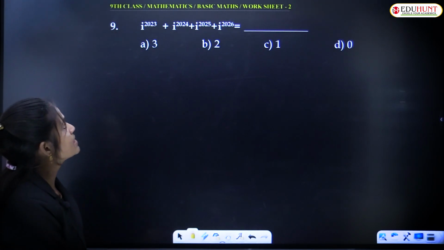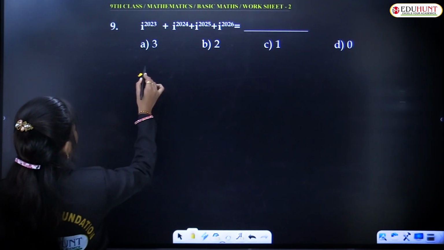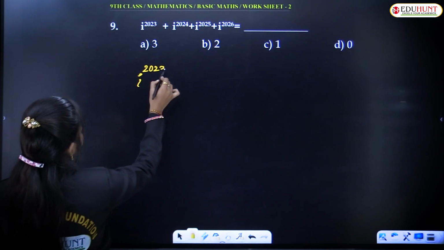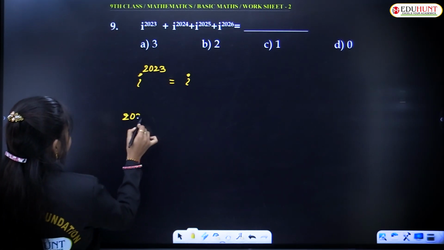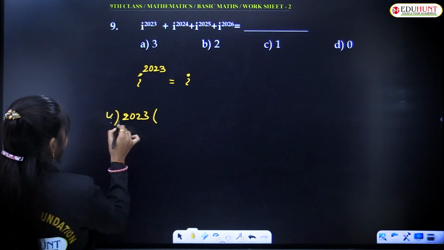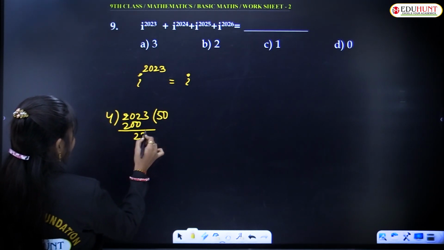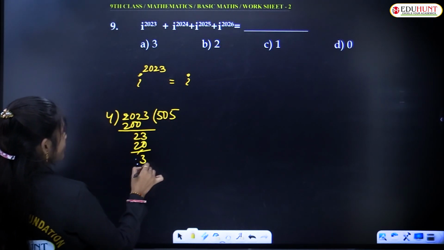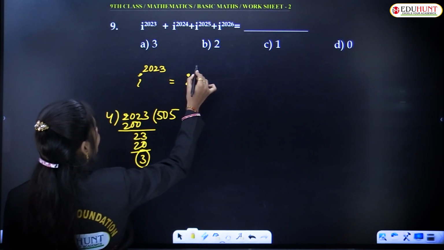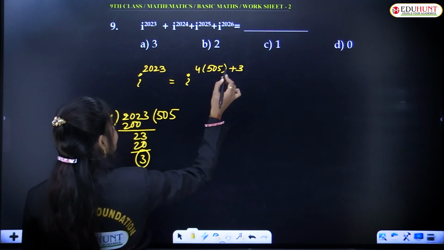Yes, see here. This is also just like the previous one. See here, i power 2023. Write it here, divide by 4. 4 50s are 200, so leftover 23. 4 5s are 20. So here we can write this as 4 into 505 plus 3.